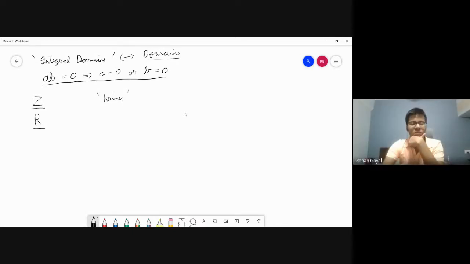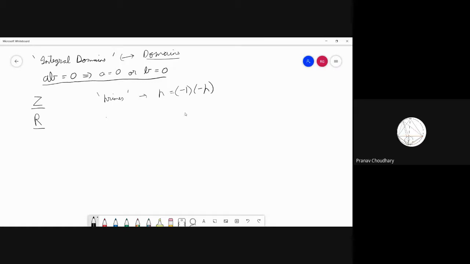Why? In Z, you're saying if this does not mean this, right? A better way is: one of A or B is a unit. Perfect.